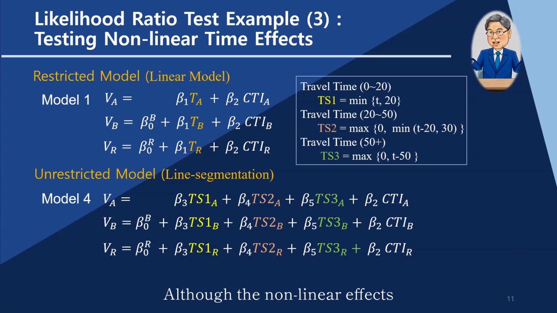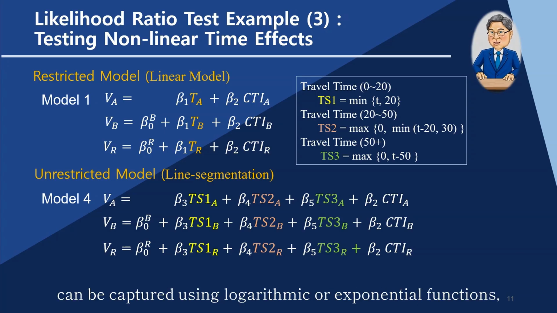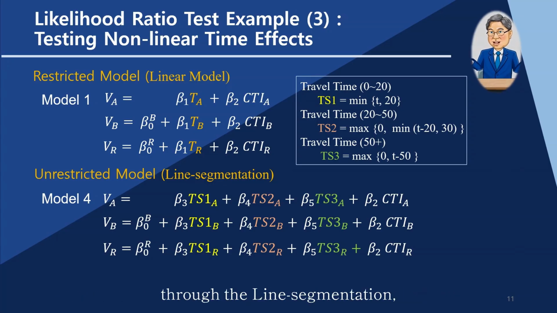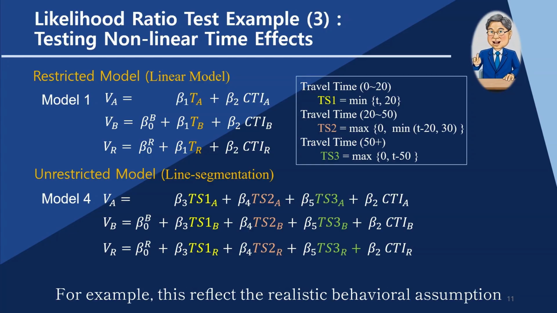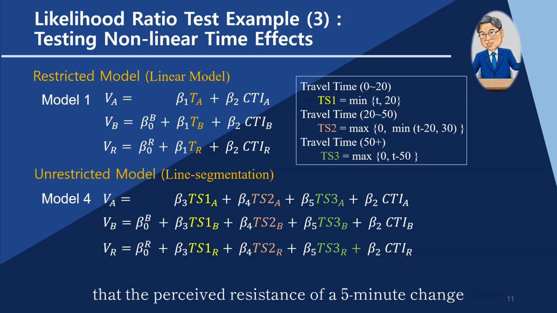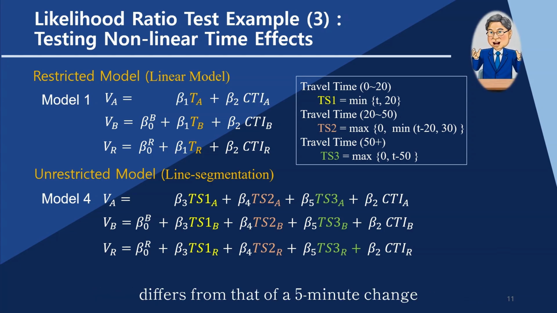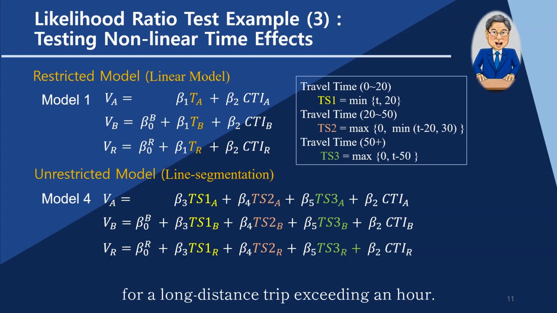Although the nonlinear effects of explanatory variables on utility can be captured using logarithmic or exponential functions, they can also be effectively represented through line segmentation, which specifies different sensitivities for different travel time intervals. For example, this reflects the realistic behavioral assumption that the perceived resistance of a 5-minute change for a short 20-minute trip differs from that of a 5-minute change for a long-distance trip exceeding an hour.